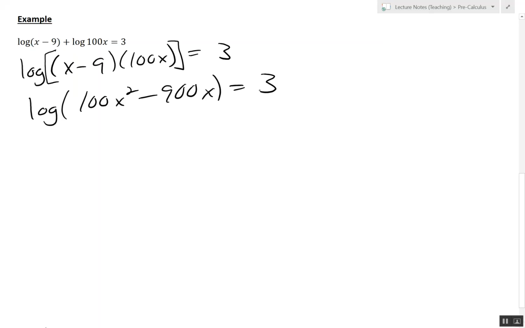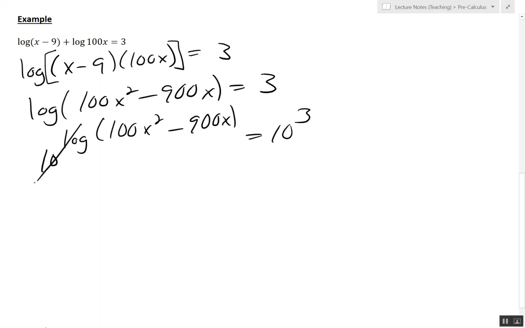And now we do the same trick. This is a common log, so this will be 10 to the log of 100x squared minus 900x equals 10 cubed, and the log and the 10 cancel, and we get 100x squared minus 900x equals 1,000.